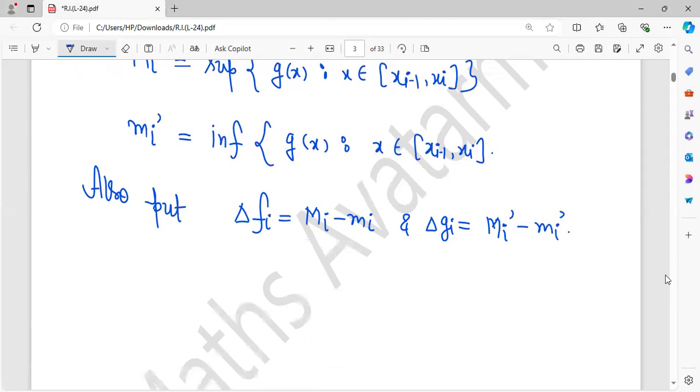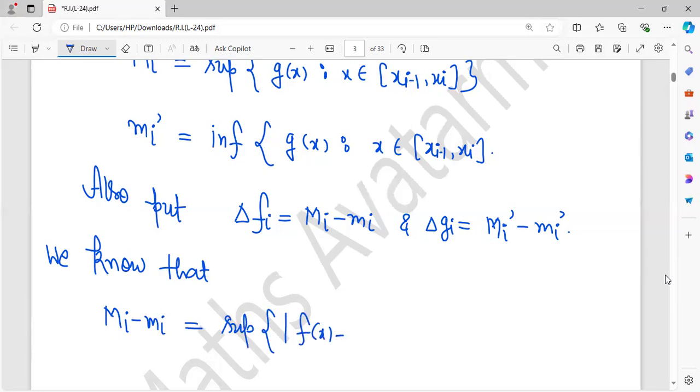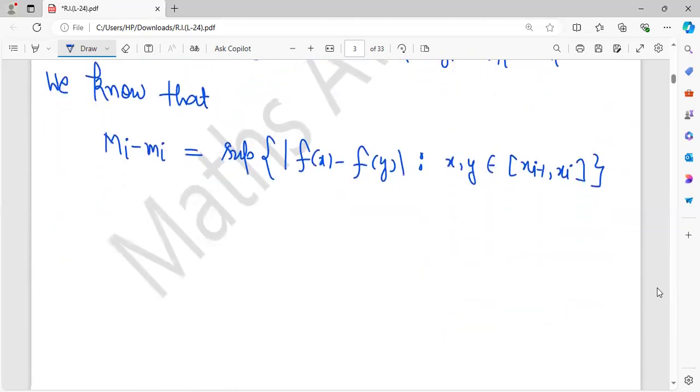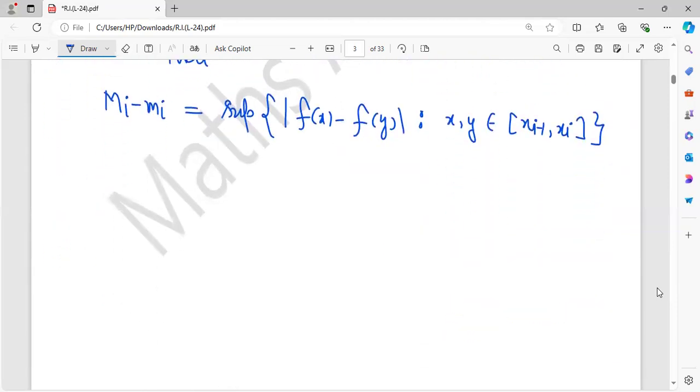We know that capital Mi minus small mi is nothing but the supremum of |f(x) minus f(y)|, where x, y belong to the interval [xi-1, xi].